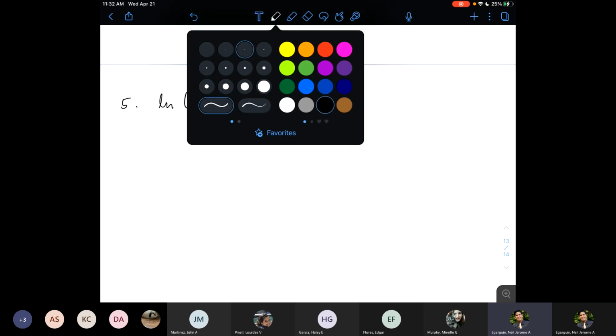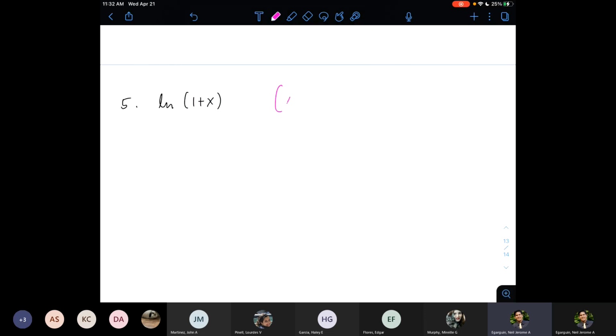So I want to find its relation to 1 over 1 plus x. Because so far, this is the only function that we know a power series expansion of.